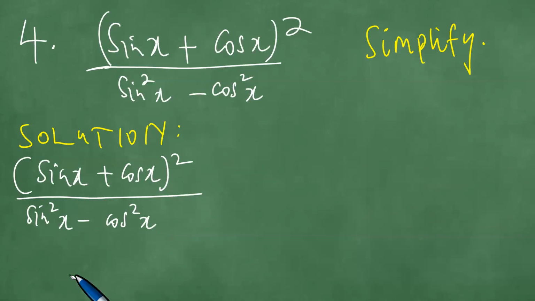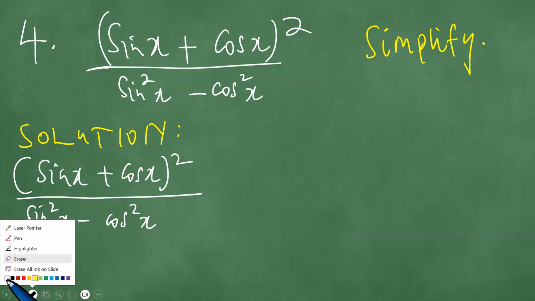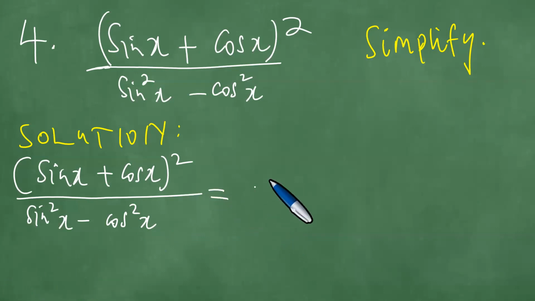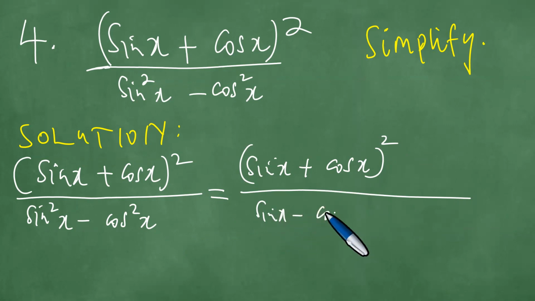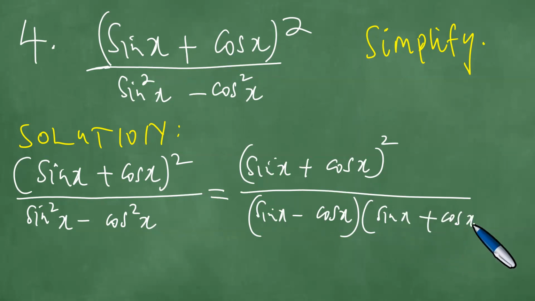Let me write a very brief solution to this. For the top, you can open up the brackets, yes, but you can write it with the parentheses like this. Then you can just factorize the bottom, sine x minus cosine x into sine x plus cosine x.